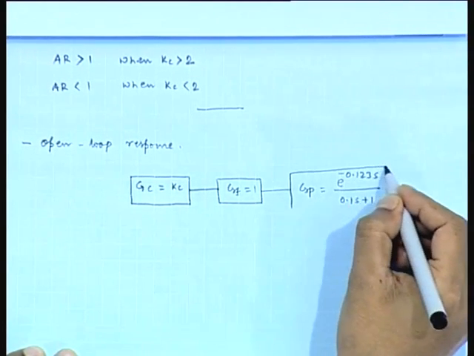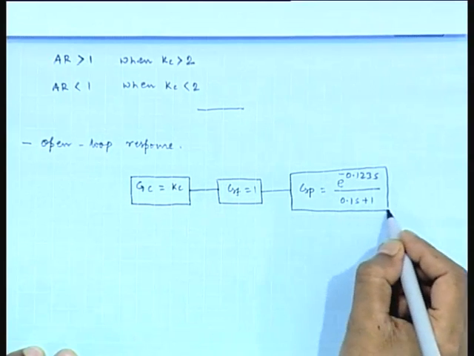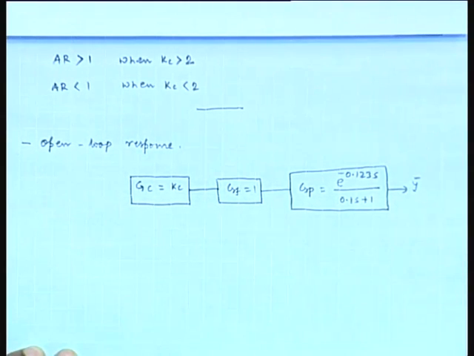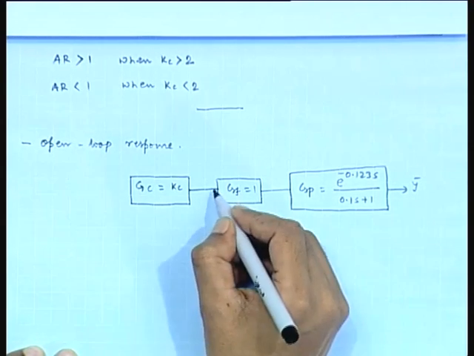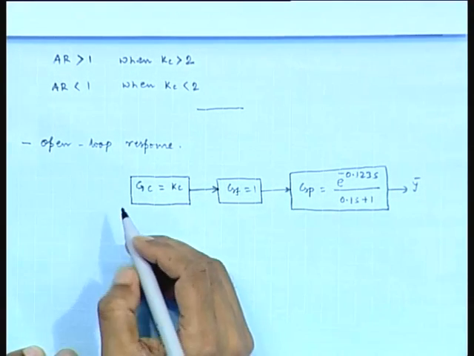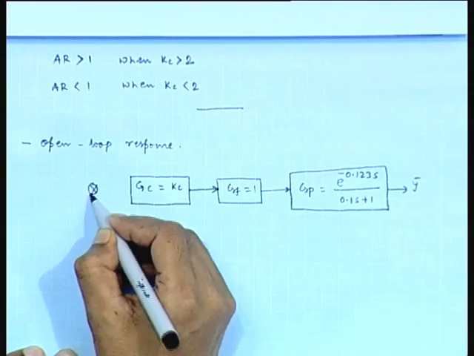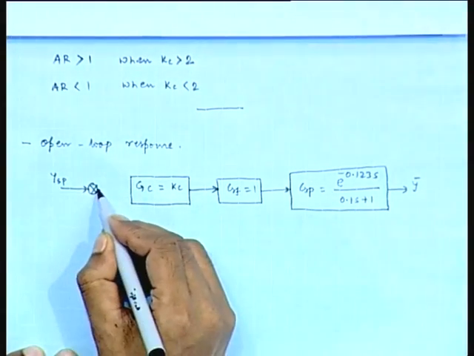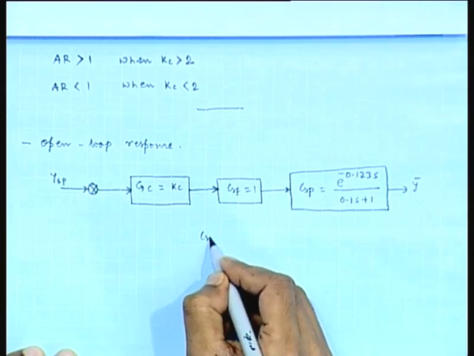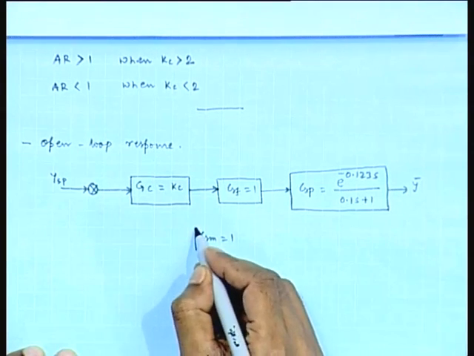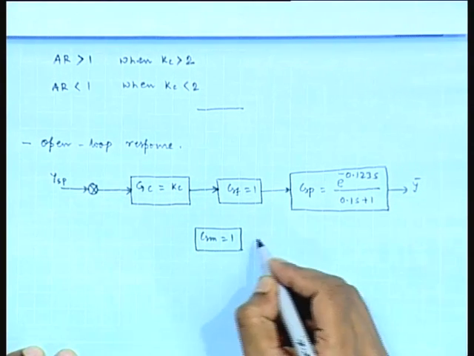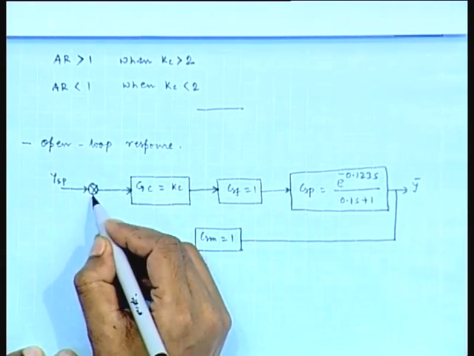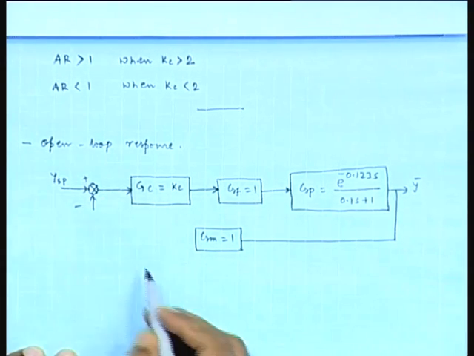This is the block for first order plus dead time system. Output is y bar. This is the comparator, this is set point, and this is measuring device. Negative, this is positive.